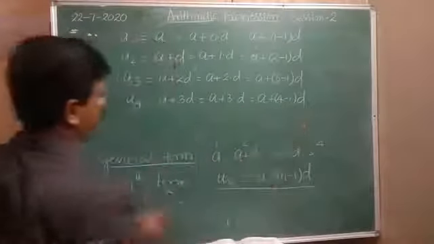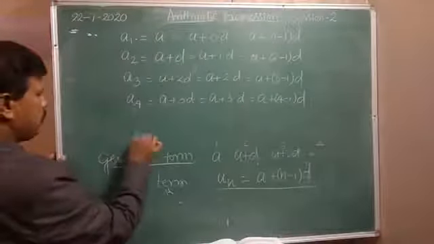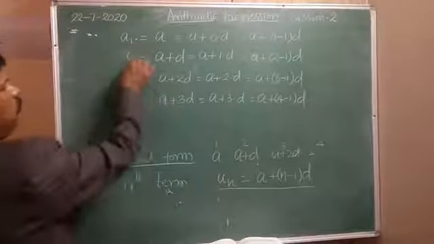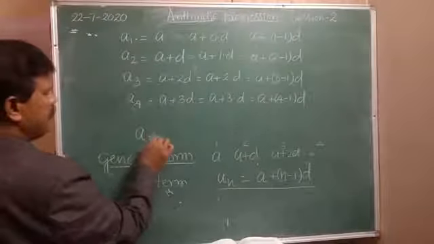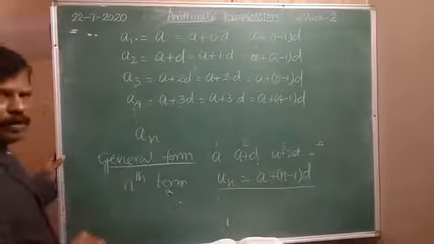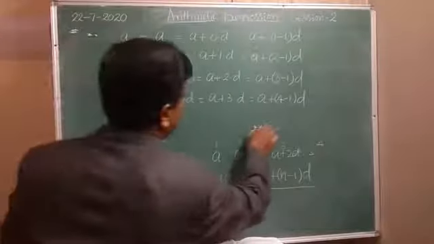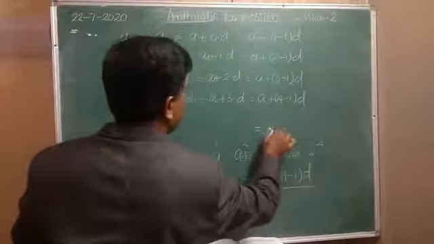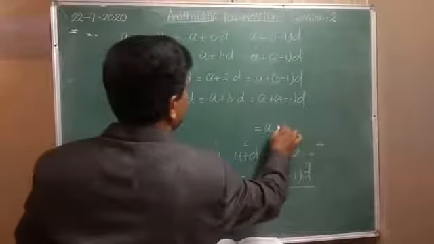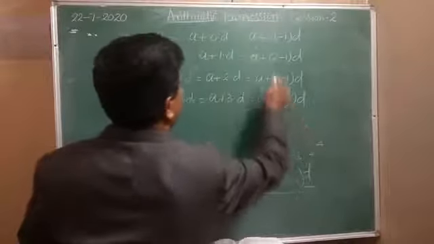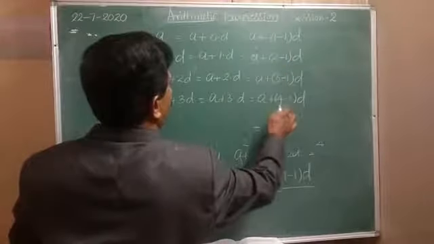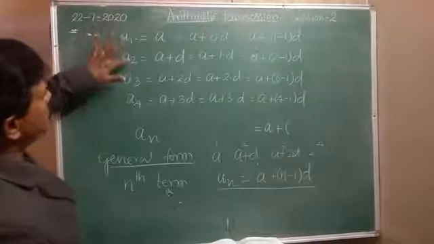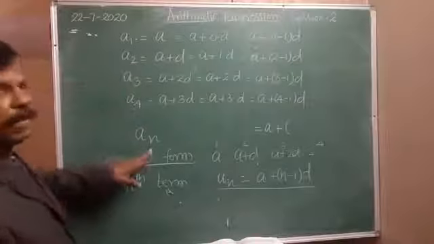Now, instead of 1, 2, 3, 4 up to the nth term, I am writing here. Look at this, the pattern: a as it is, plus as it is, and inside the bracket 1, 2, 3, 4, etc., up to n.